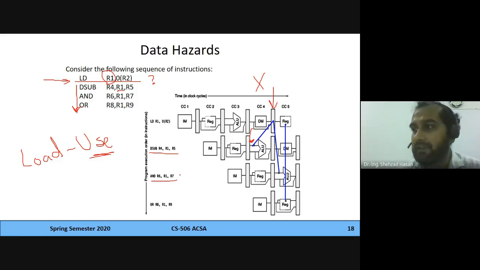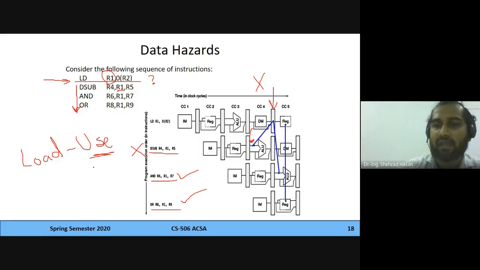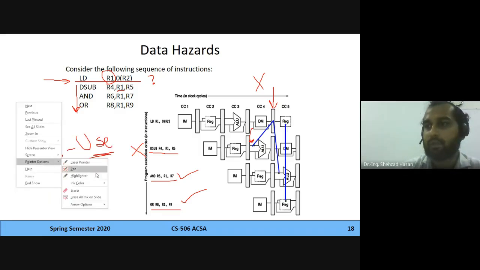So the AND can proceed, and the OR can obviously proceed, because it can get that data directly from the register file. That's okay, but the subtract instruction is not okay. If these 3 instructions have to happen in the same order, then if you delay subtract, the AND and OR are automatically delayed as well, right? So this is an example of a load-use hazard.